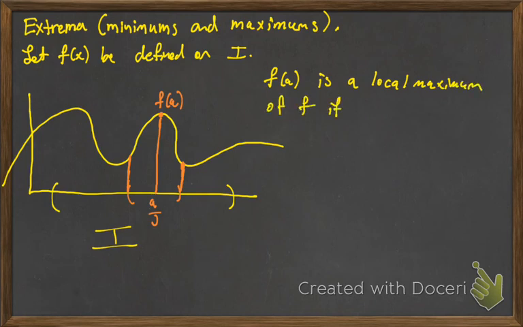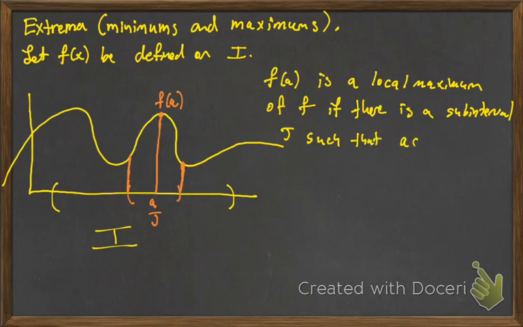of f if there is a subinterval. So that subinterval is j. So that subinterval includes our hill there, such that... Sorry, I was not reading it correctly.